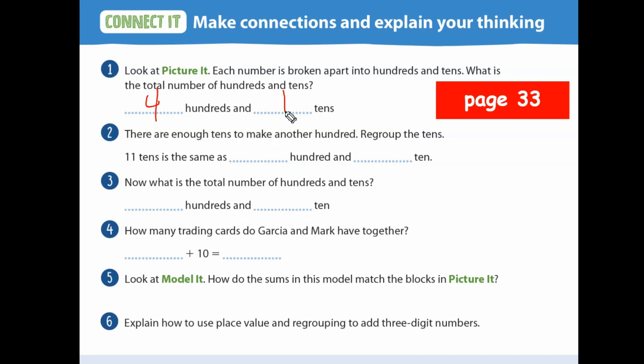Regroup tens, so 11 tens is the same as 100 and 10. Okay. Now, what is the total number of hundreds and tens? Well, I just told you it's 400 and 110. Okay. How many trading cards do Garcia and Mark have all together? They have 400 plus 10, which is 410.